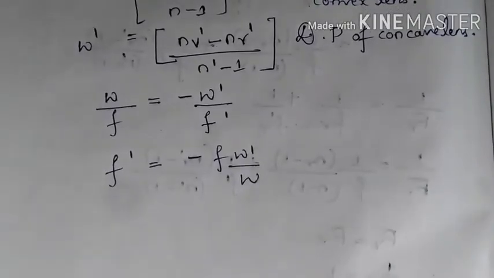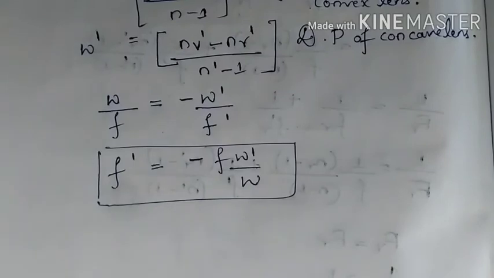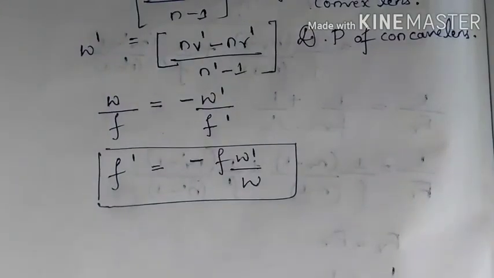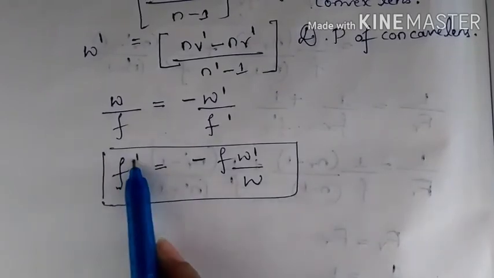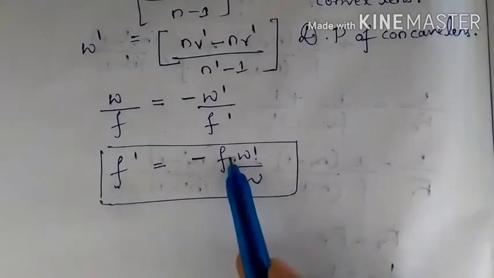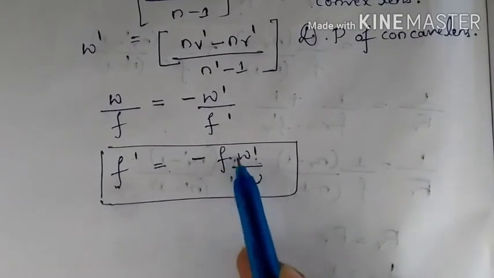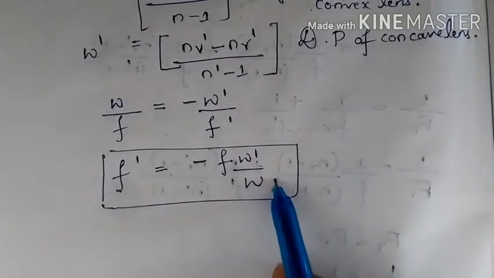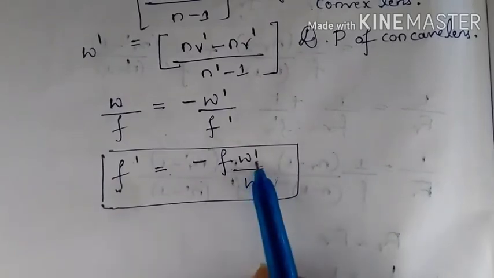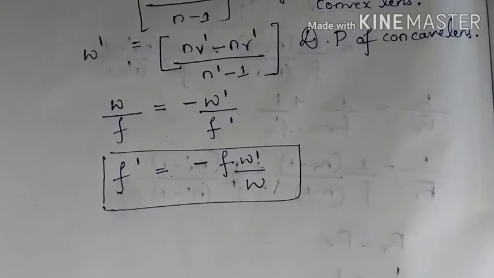So in the concave lens, the focal length of the mean ray will be equal to minus the focal length of the mean ray in the convex lens multiplied by the dispersive power of the concave lens divided by that of the convex lens.